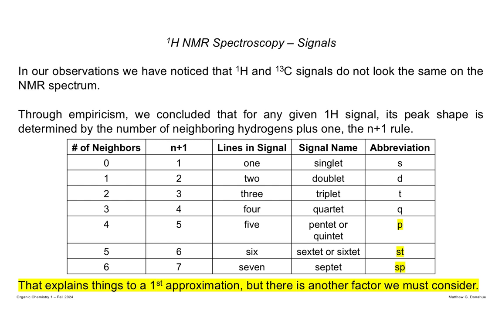Again, when you're determining multiplicity, that's your second approximation that you're doing by looking at the number of neighbors, then using the n+1 rule to determine the number of lines. So that gets you lines in the signal, what it should look like, and then these are the abbreviations. The line here is about singlet, doublet, triplet, quartet. Those are the most common.